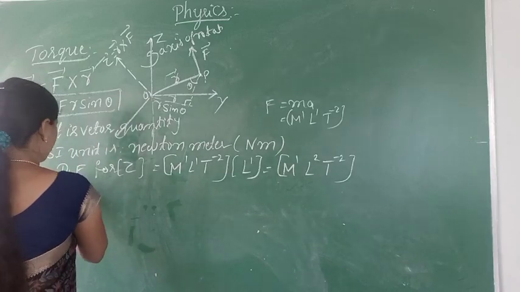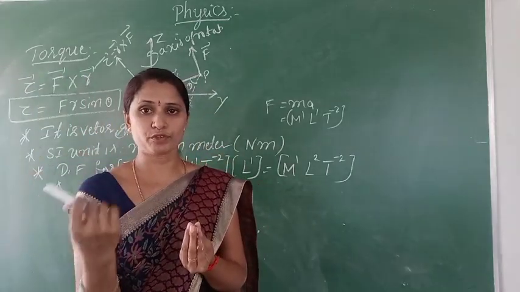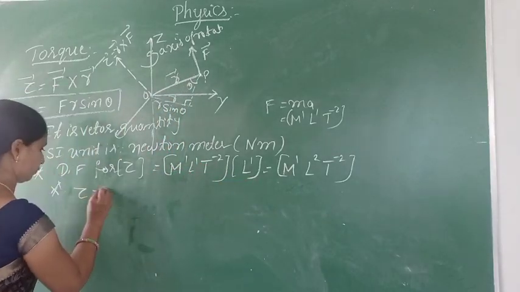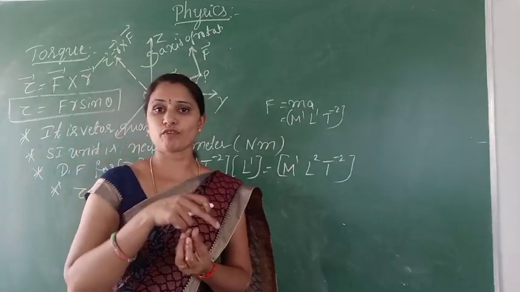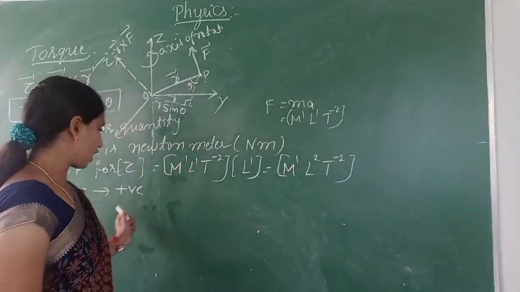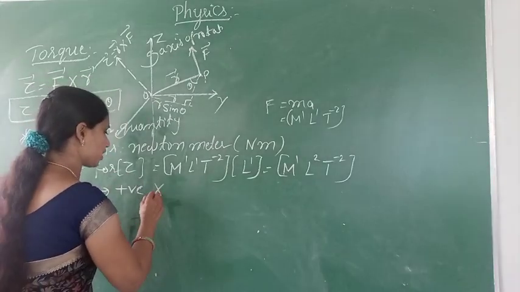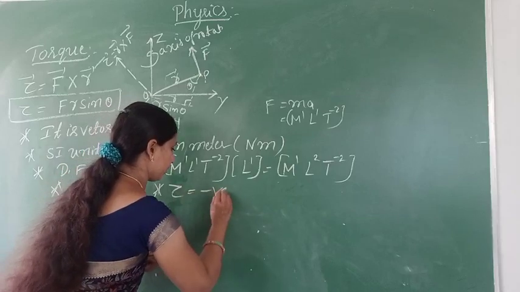Suppose the body is rotating in the anti-clockwise direction, then torque is taken to be positive by convention. If the body is rotating in the clockwise direction, then torque is taken to be negative.